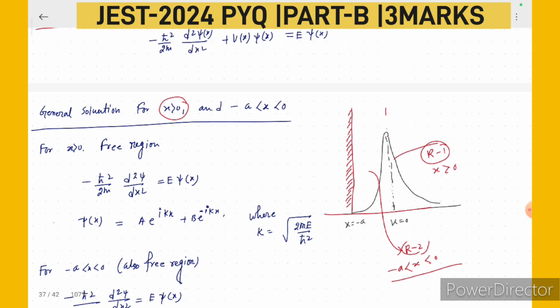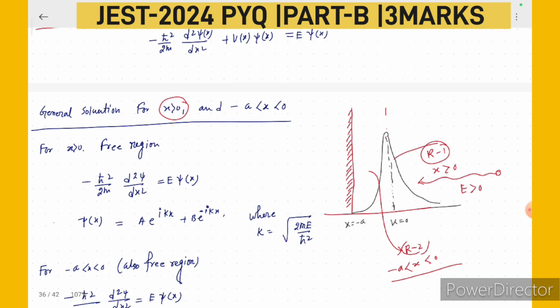Okay, these two are the regions. We're trying to find the solutions of the wave function when a particle is incident from the right-hand side with energy E greater than 0. Okay, this is the case.